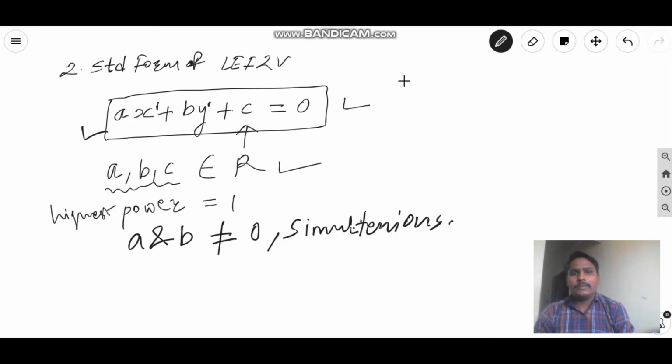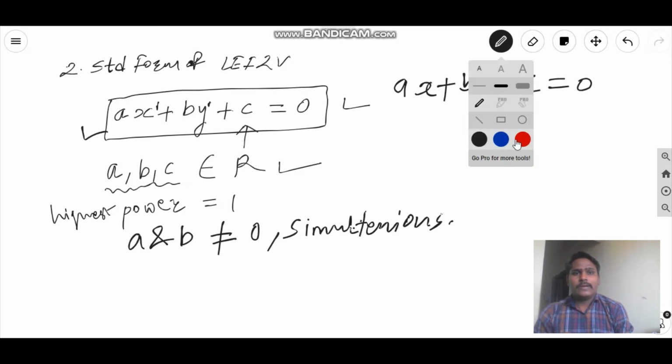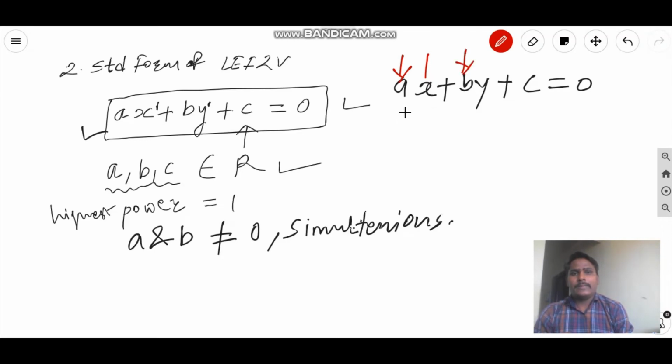Now the standard form is ax plus by plus c is equal to 0. If I take the value of A as 0 and B as 0 simultaneously, this will make 0 into x plus 0 into y plus c is equal to 0.